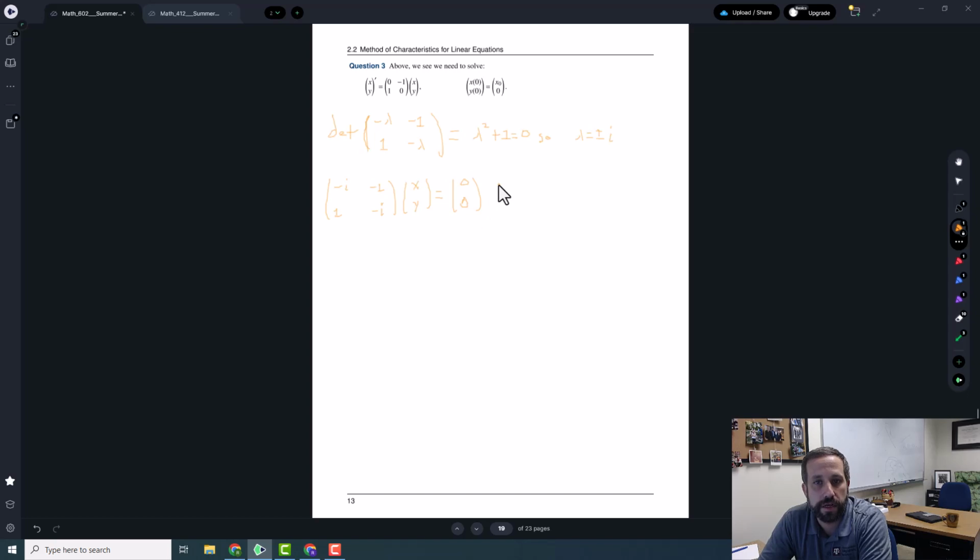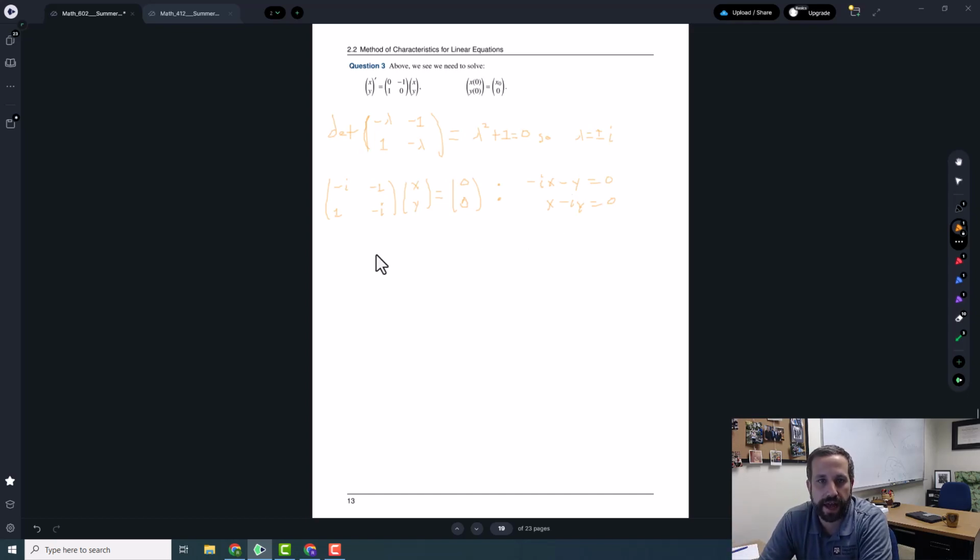Notice that the top equation is minus ix minus y equals 0, and the bottom equation is x minus iy equals 0. Observe that the top equation is equal to minus i times the bottom equation. Whenever we're finding eigenvectors, if we've done everything correctly, the two equations will be multiples of each other.